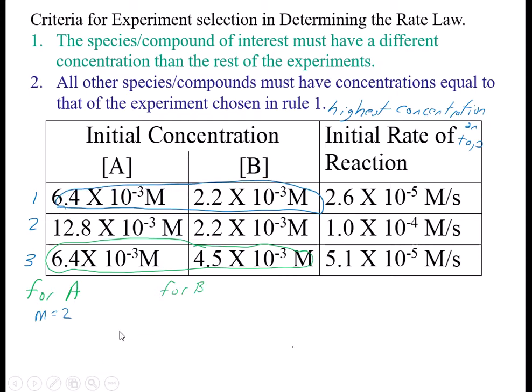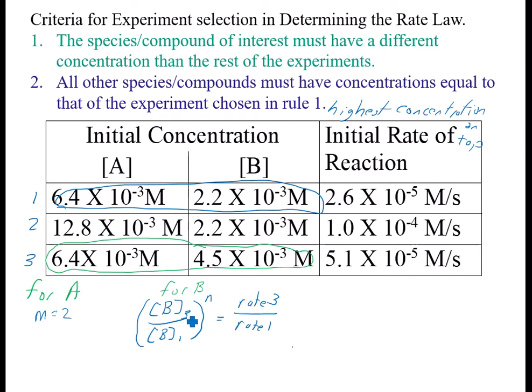For B, the highest concentration still goes on top, so it's going to be the concentration of B for experiment 3 over the concentration of B for experiment 1, raised to the n, is equal to the rate for 3 over the rate for 1.